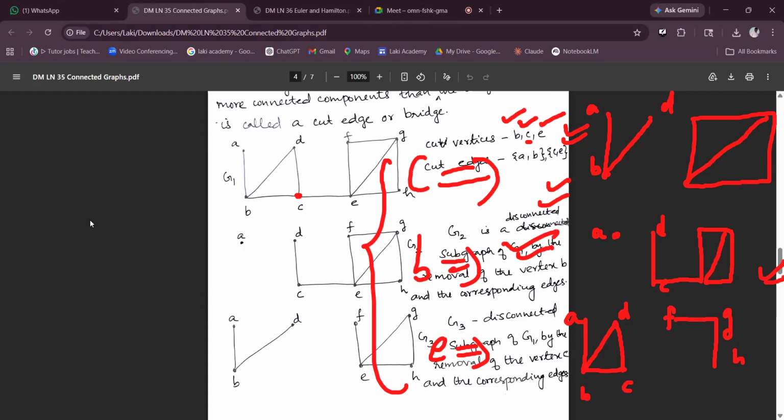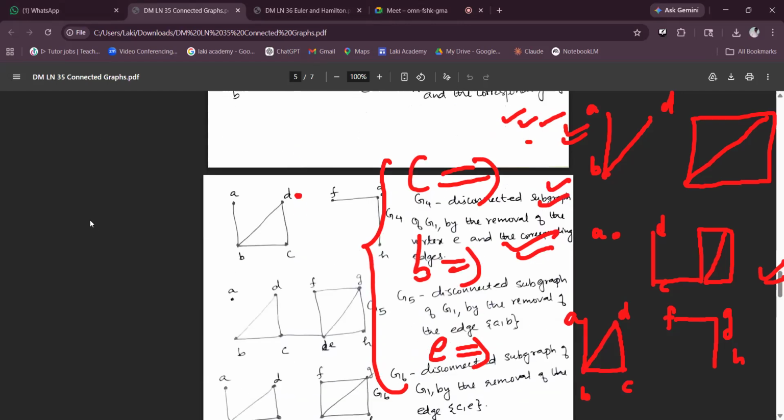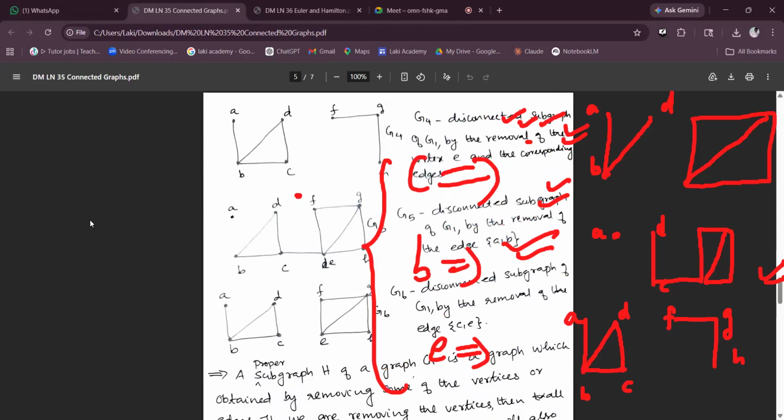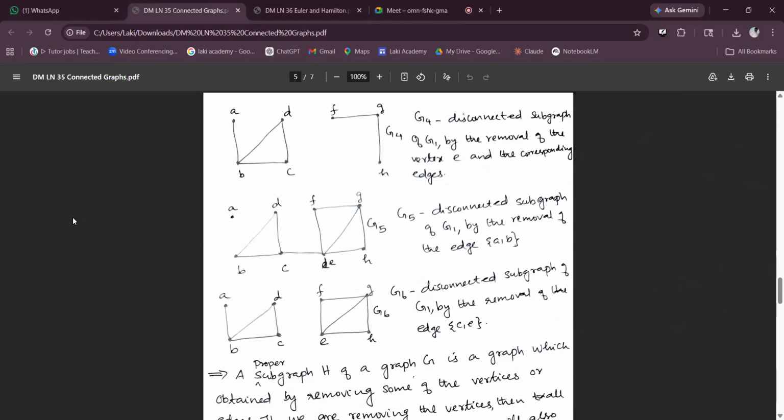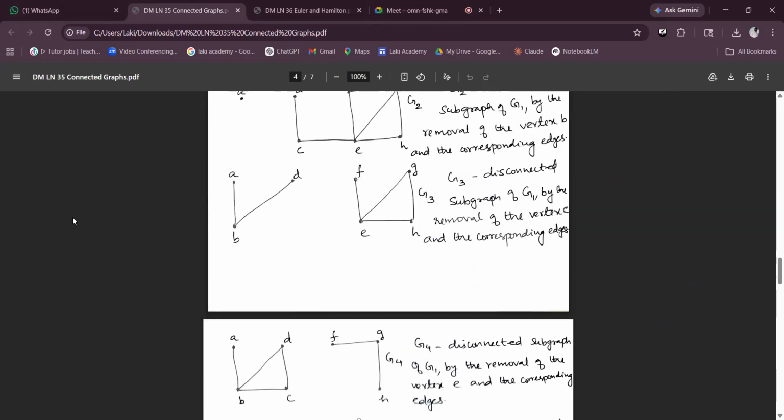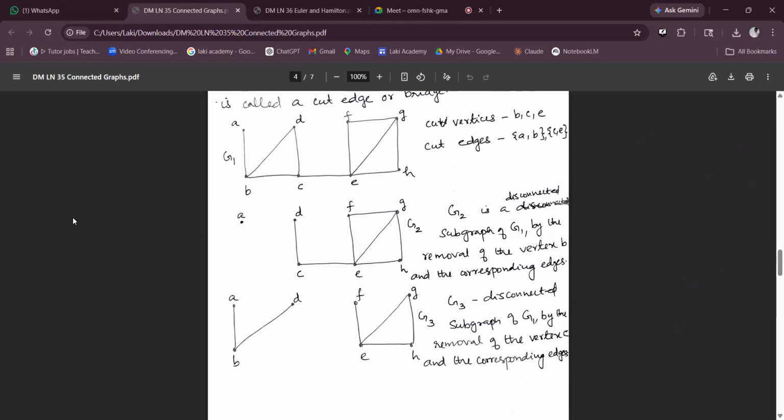Understood. And what are cut edges? The minimum number of edges you have to remove such that it is divided into two parts. So what edge can you remove? C and D, one edge.